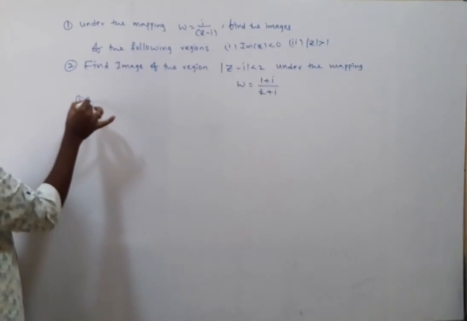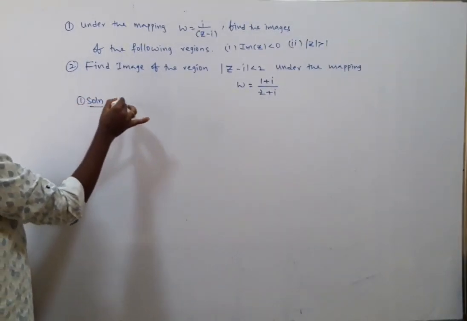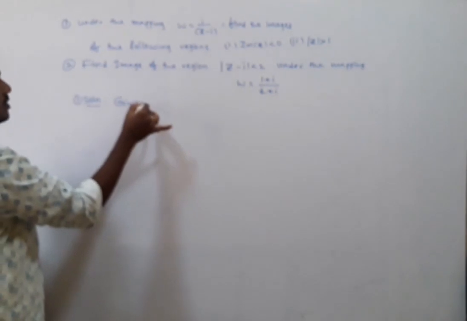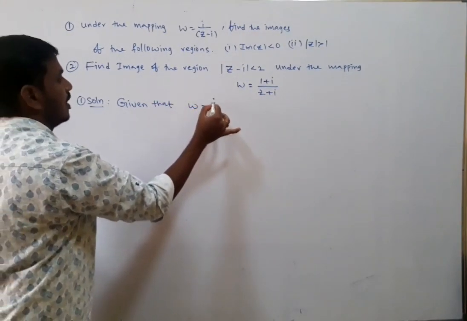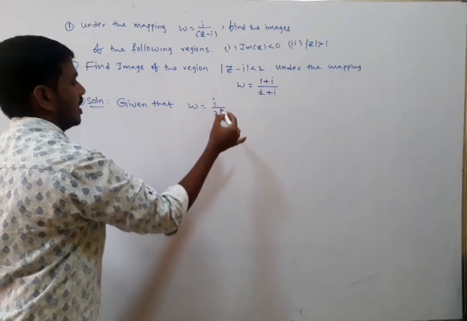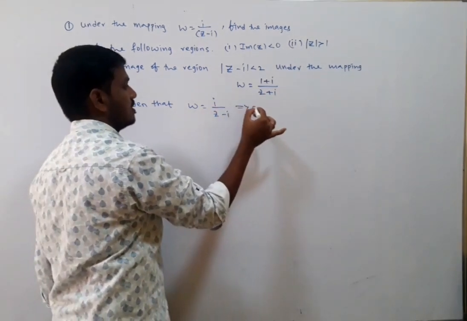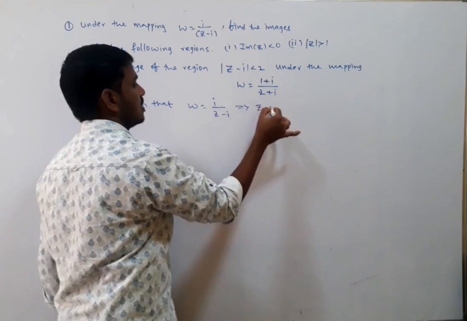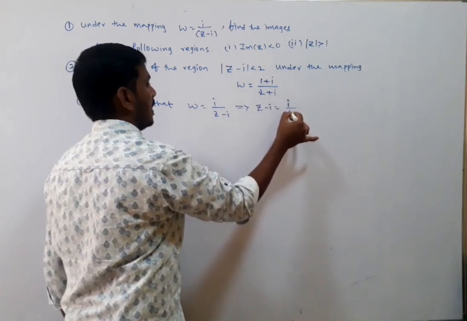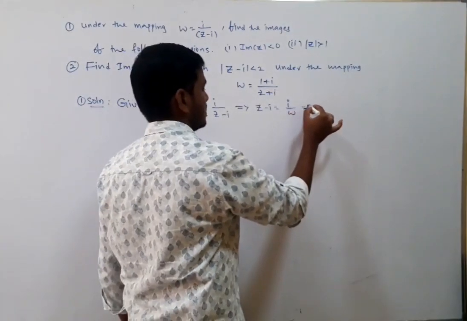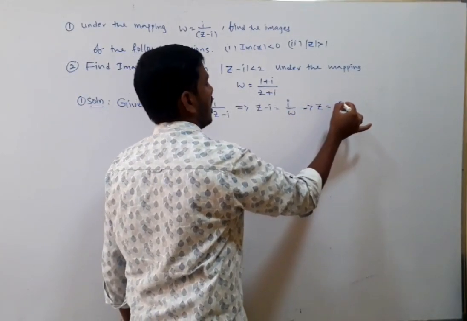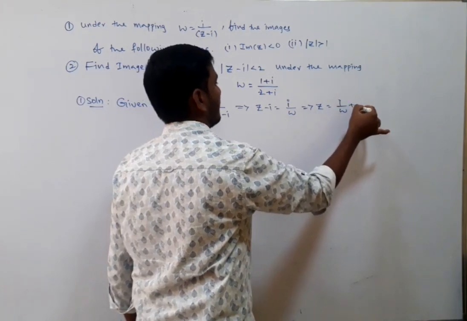Now coming to the first solution, given transformation, W is equal to i divided by Z minus i. By cross multiplication, this can be written as Z minus i is equal to i divided by W. So Z is equal to i by W plus i.